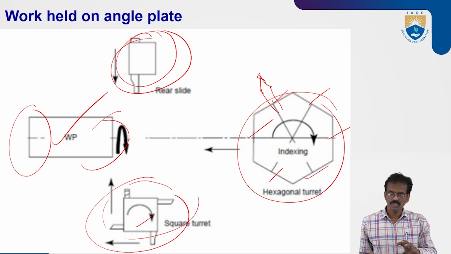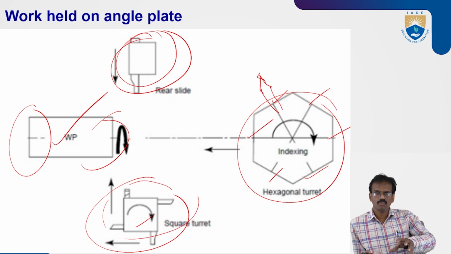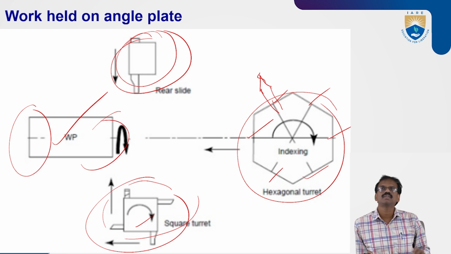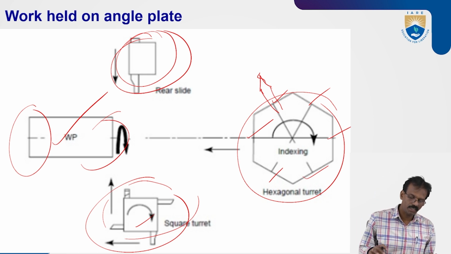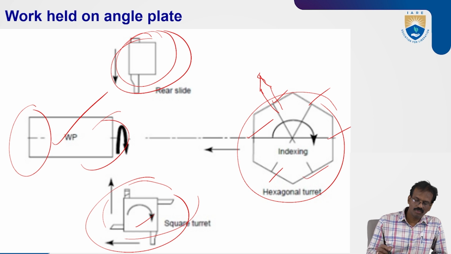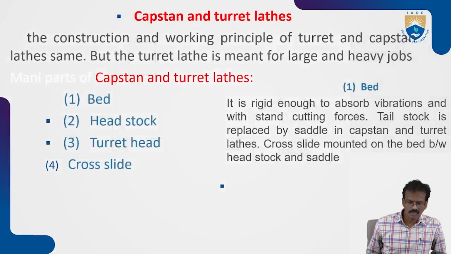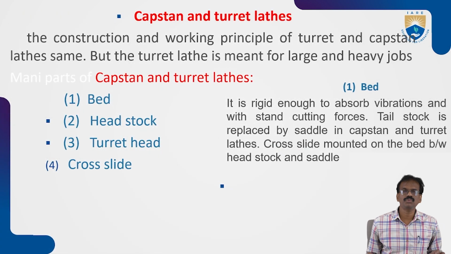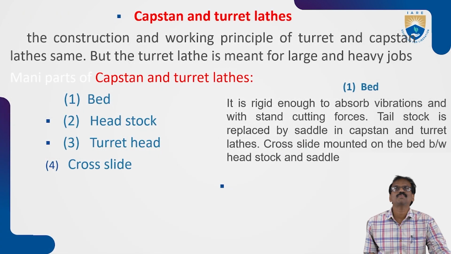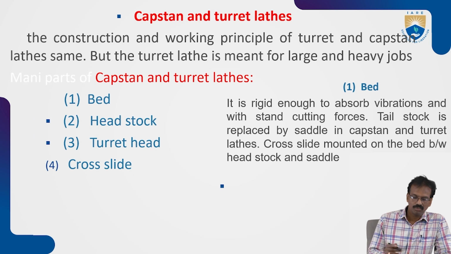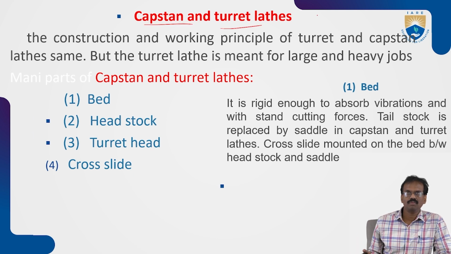According to the requirement, we can position the tool bit against the workpiece. So this type of accommodation is available in the semi-automatic system. We'll see a few points regarding the semi-automatic lathe machines. The best examples for the semi-automatic lathe machines are the capstan and turret lathe.